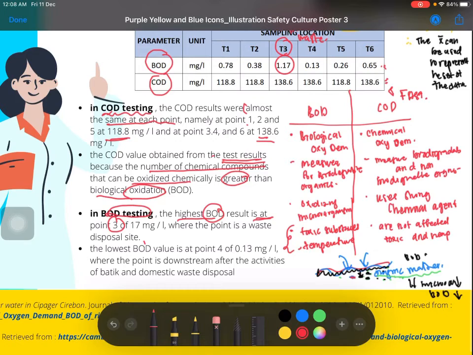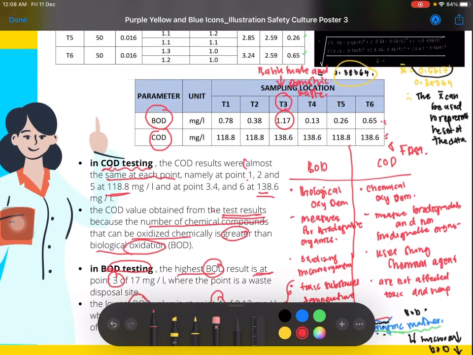And the lowest BOD is shown at point 4, because point 4 is where the disposal happens, such as the toxics from the batik factory.